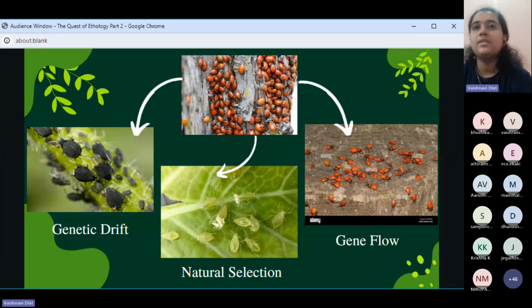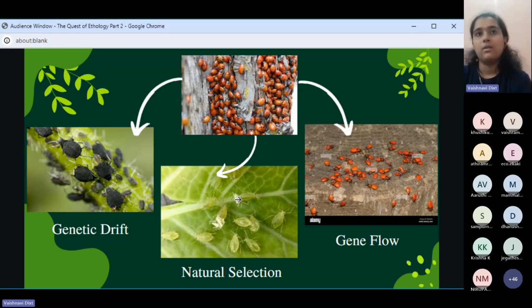Now what will happen is the green ones will of course be selected because the predator will not be able to see those green colored bugs clearly, right? So those will be selected against the red because the red will be easily hunted by the predators. So this is natural selection. This is the way I told that in the population the best, the fittest will survive.